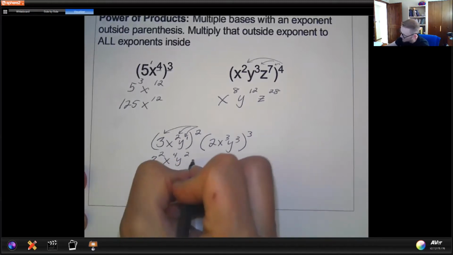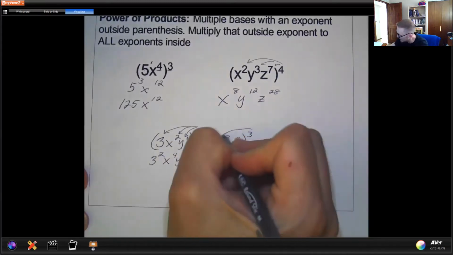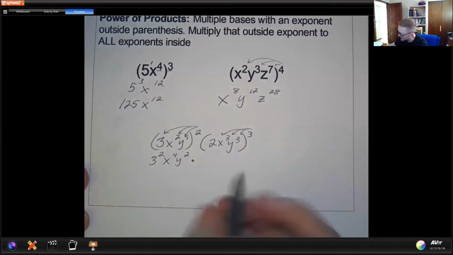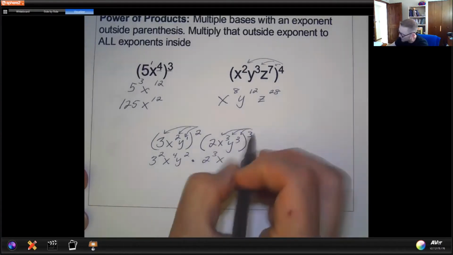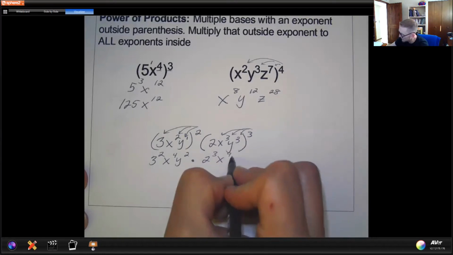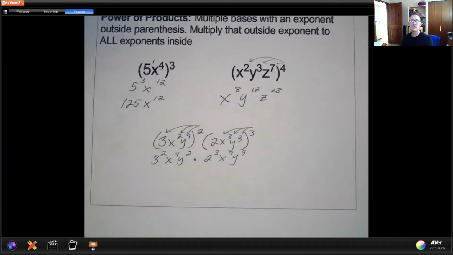I'm going to put a dot in between because these parentheses mean multiply, and now this 3 is going to get sent in here. So that's going to become 2 to the third, x to the, remember multiply exponents, 3 times 3 is 9, y to the 9th. That is getting rid of the exponent on the outside and sending it in.